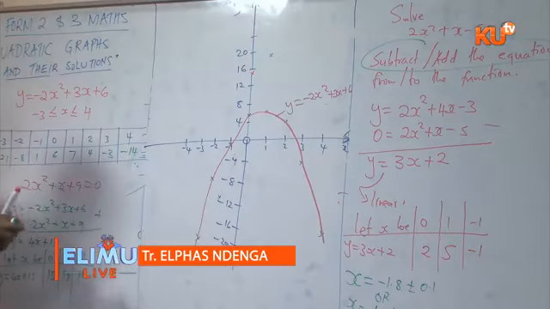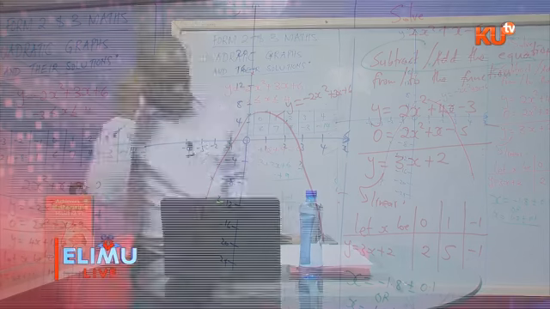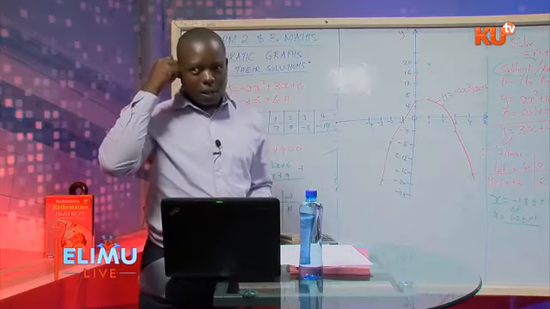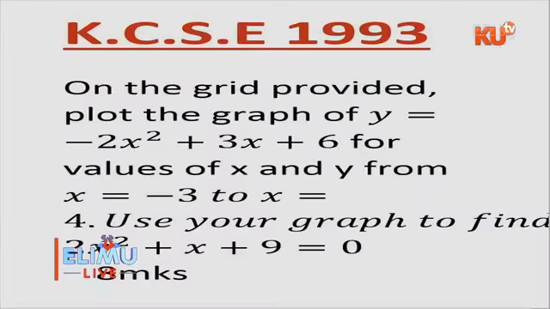If we join this, then we are going to have a line. Let's have the equation again on the screen. The equation that we are solving is negative 2x squared plus x plus 9.